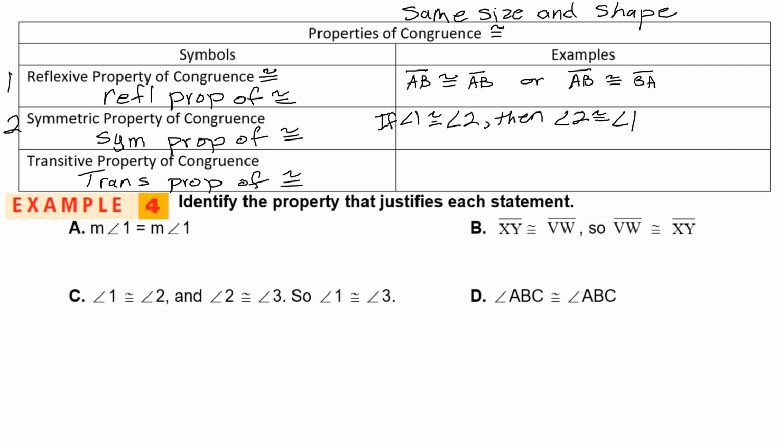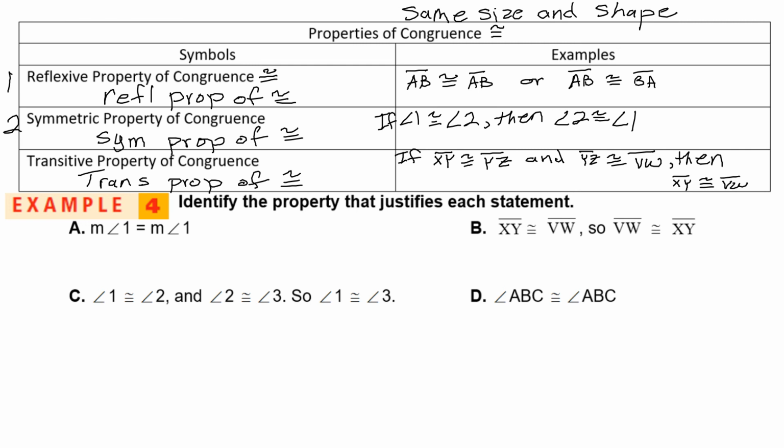And transitive property, if segment XY is congruent to segment YZ, and segment YZ is congruent to segment VW, then segment XY is congruent to segment VW.